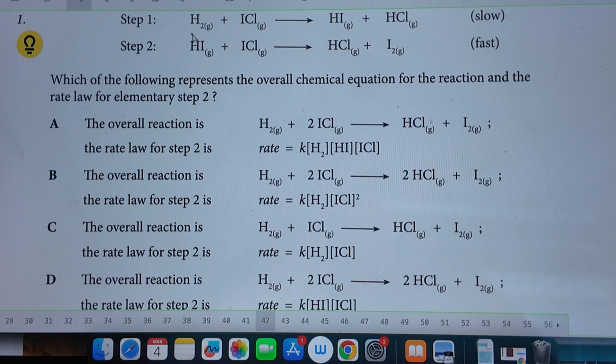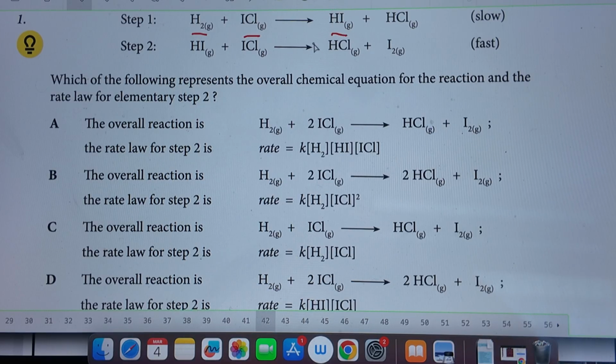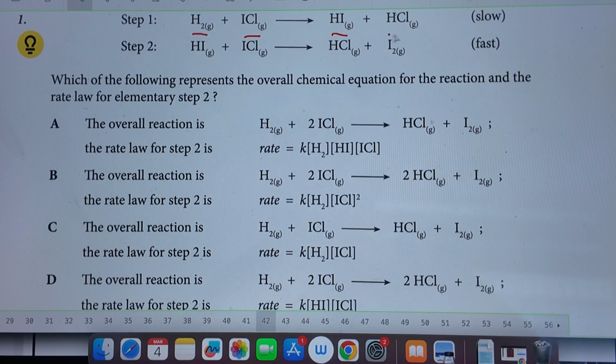ICl equals HI plus HCl. And so what happens is now we're going to cancel everything that is on both sides.